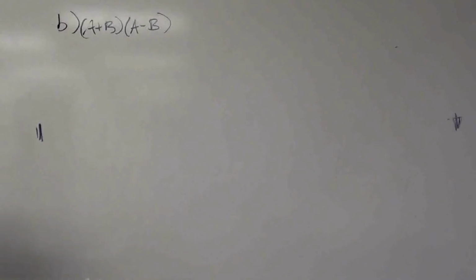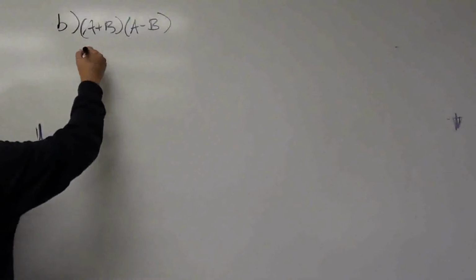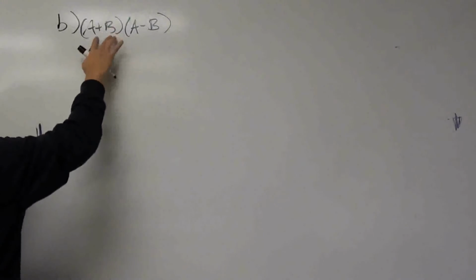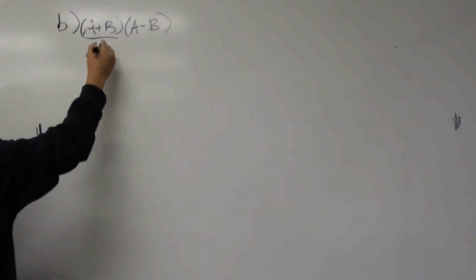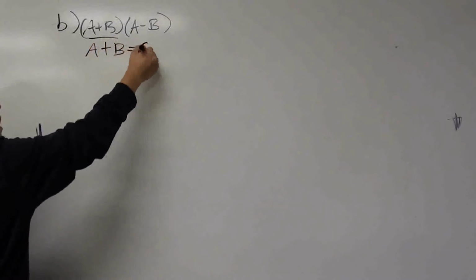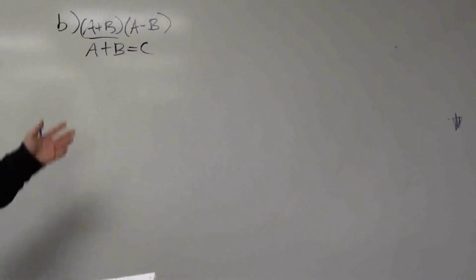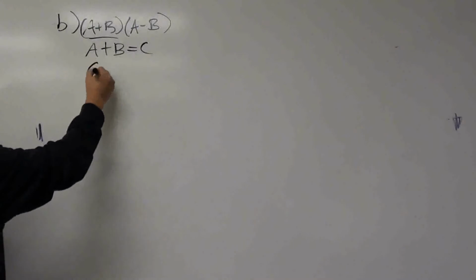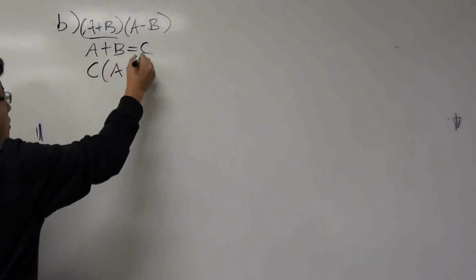If you're one of those people who are stuck, it's really simple. Let A and B, and you could choose this or this, it really doesn't matter. I'm going to choose this one. Let A plus B equal C. Why not? If A and B are allowed to be added, there shouldn't be that many restrictions. So then it's going to be C(A - B).